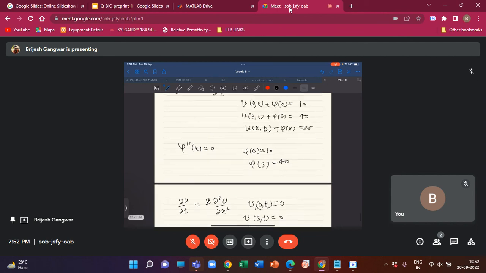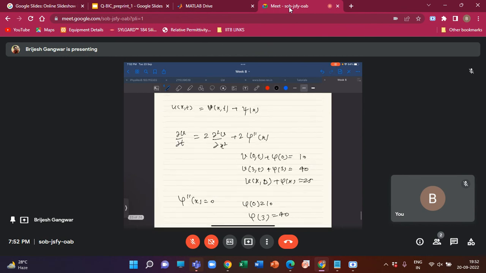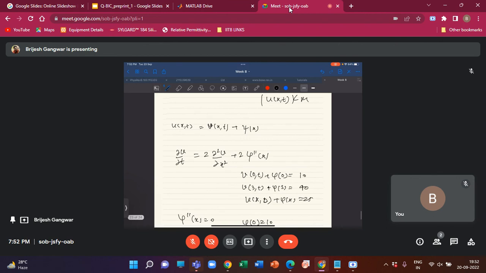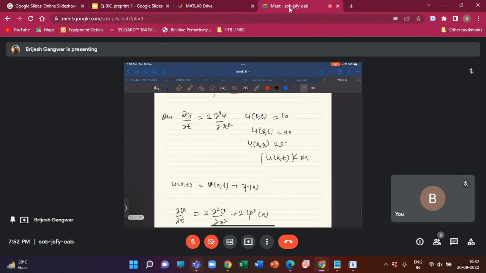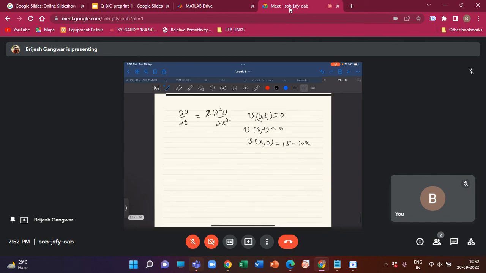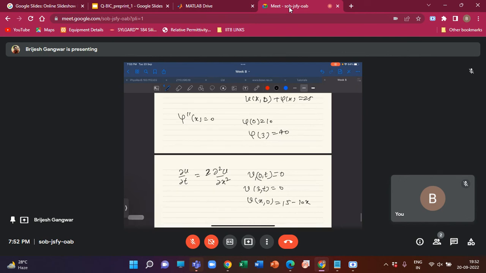Why we do this? We just do this to shift the origin from here to here, because in this boundary value problem there are some numbers. So this is equal to 0 at the boundary point. So we just shift the coordinates. Okay, so if you solve this from here you can find psi(x) is equal to 10x plus 10.